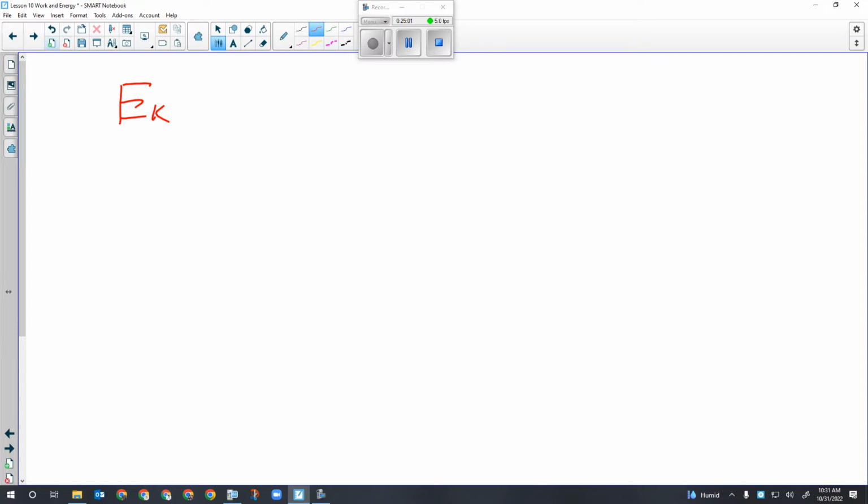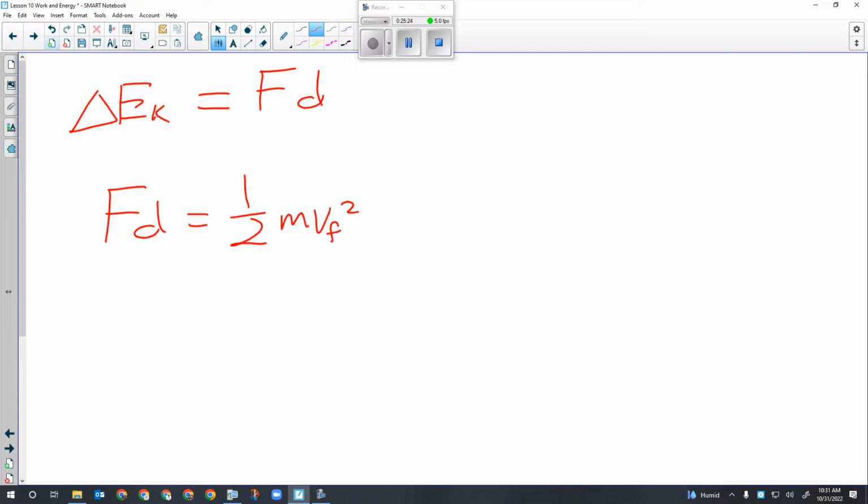So if I want to slow down or stop, I have to change my kinetic energy, which means I have to use the brakes, the force of the brakes, over a distance. Now we know that work is a change in energy, so that's going to mean force times distance equals the change in kinetic energy. If you were in my science 10 class, I gave you this lecture last year, so it's a good refresher.